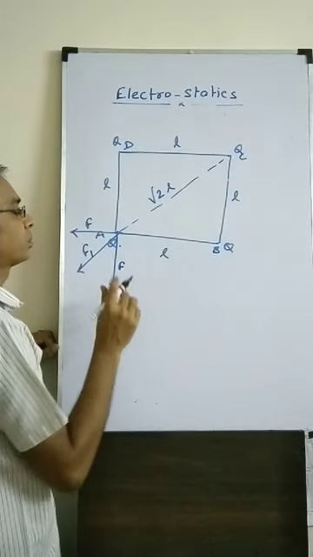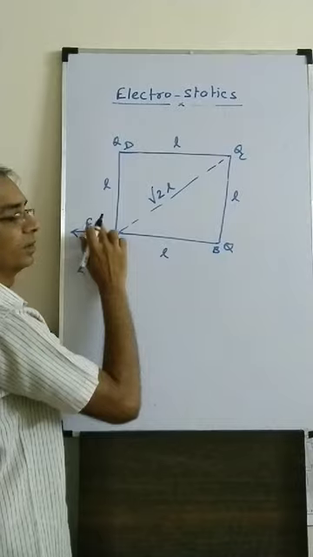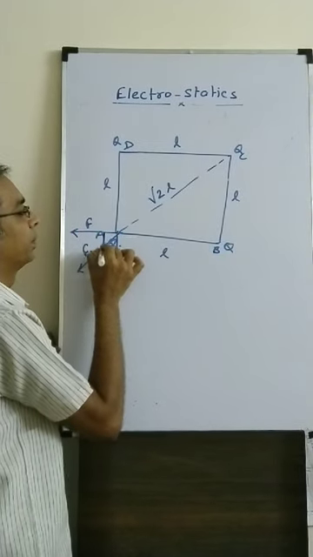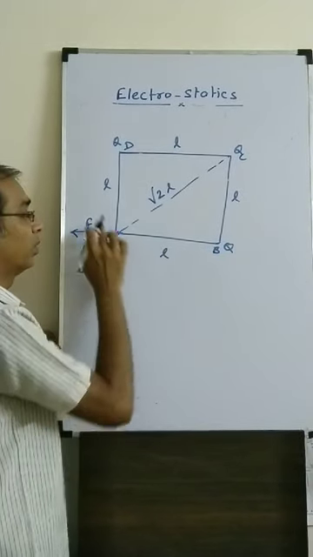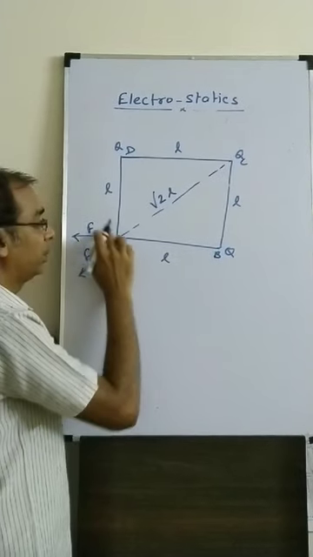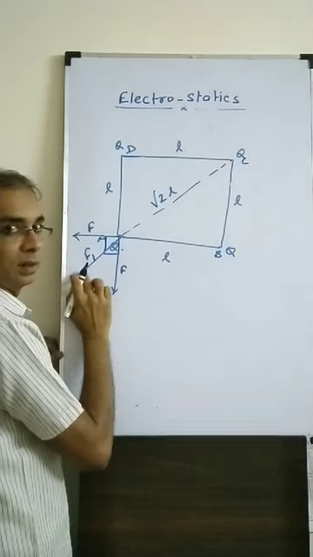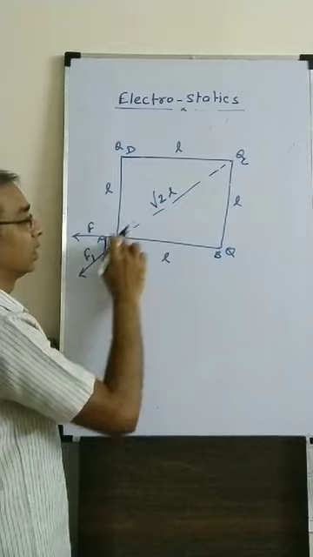How to calculate? First we will add F and F. What is the angle between them? 90 degrees. Are they equal forces? Yes. So what will be the resultant of them? On the bisector, and F1 is also acting on the bisector only.